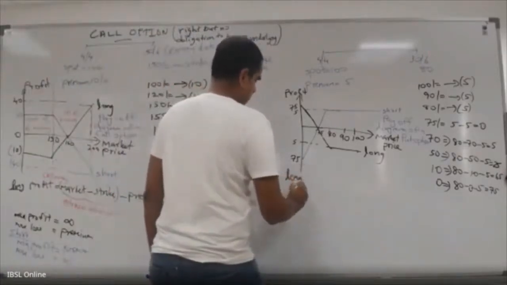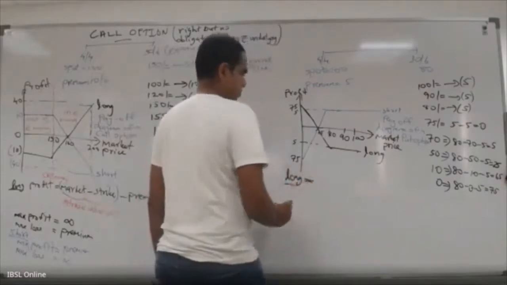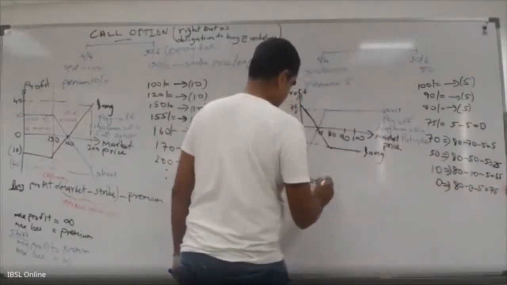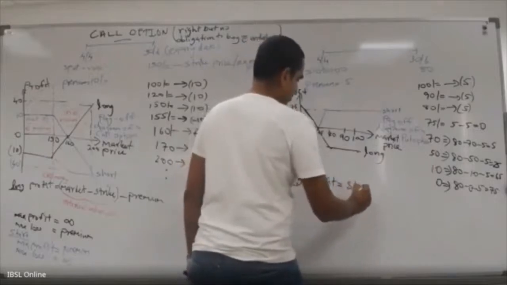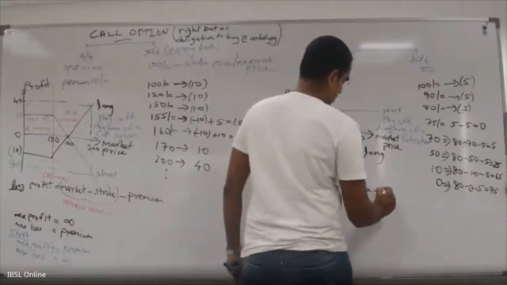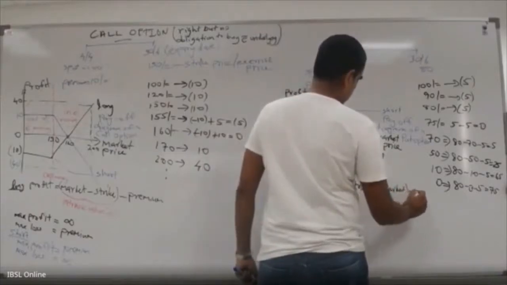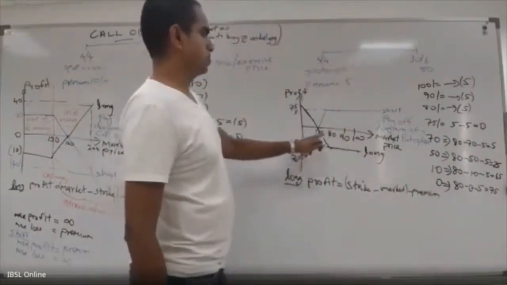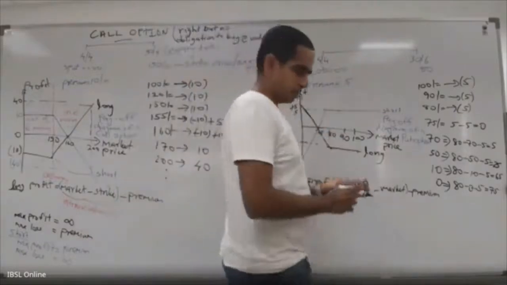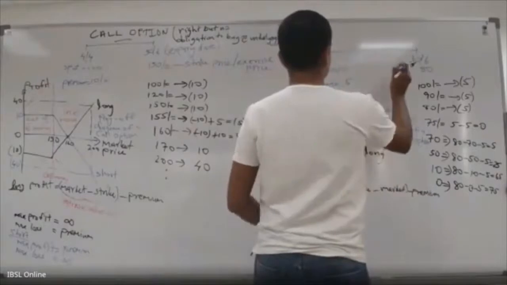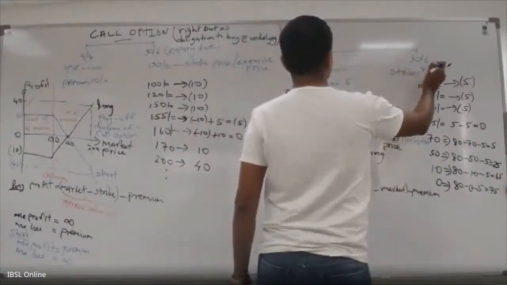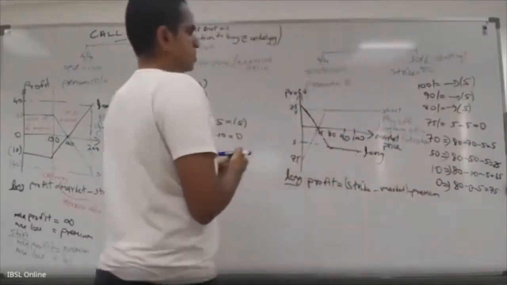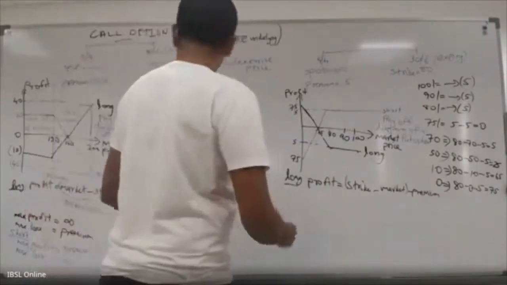And if you are long, your profit calculation will be strike minus the market minus premium, with the strike of 80, expiring 30th June.